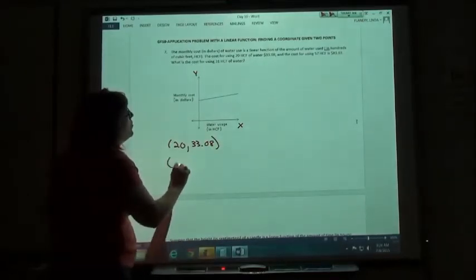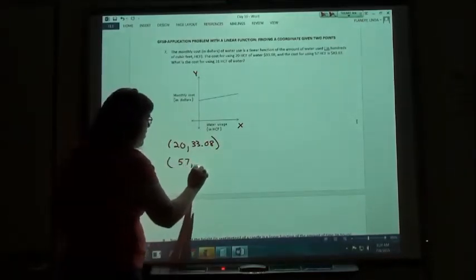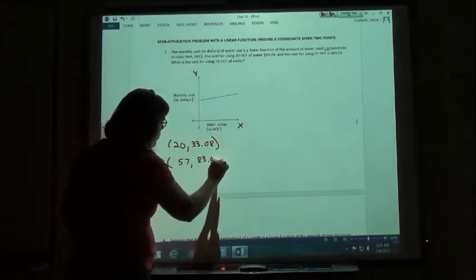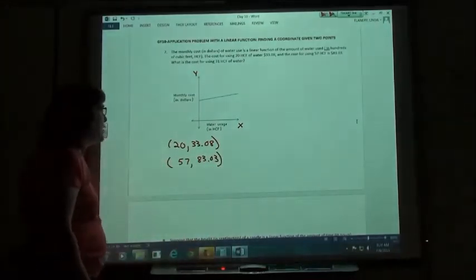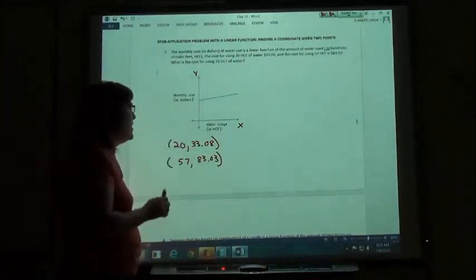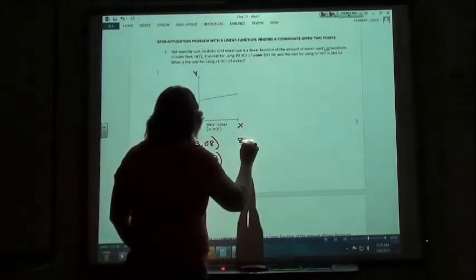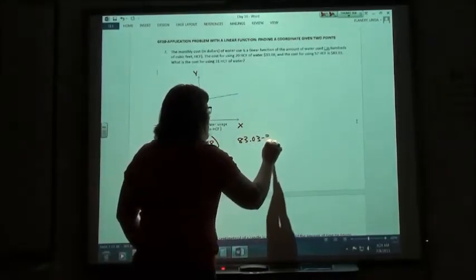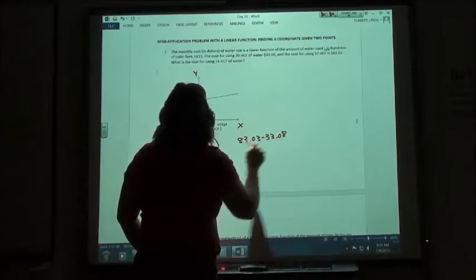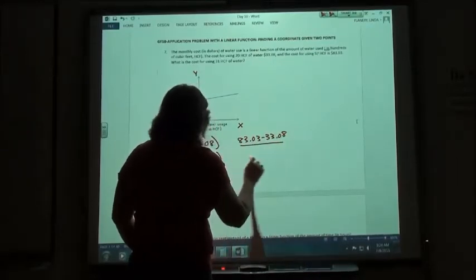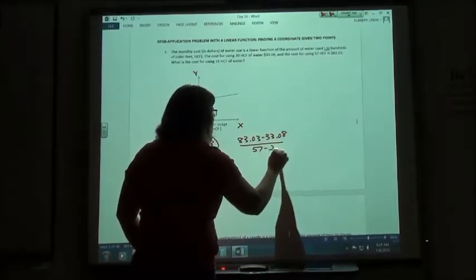My other point would be (57, 83.03). So when I do my slope, I'm going to do the change in y over the change in x. So 83.03 minus 33.08 over 57 minus 20.